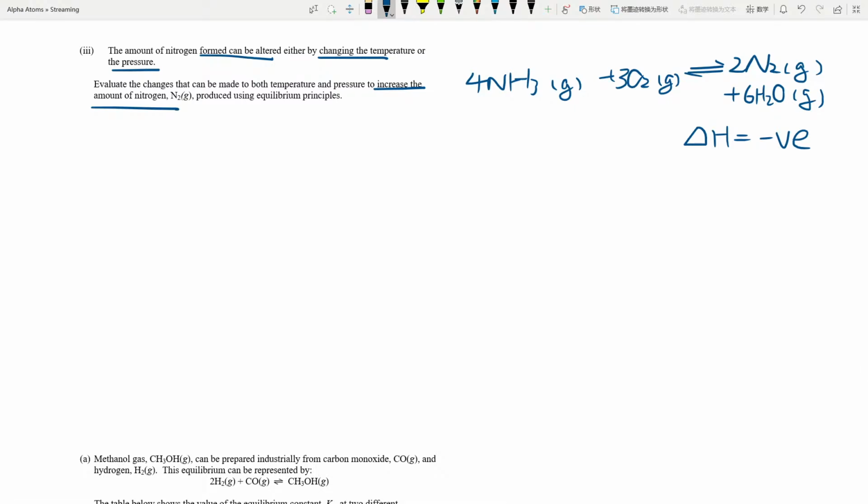All right, so let's have a look. Let's go with the easy part. Let's go with pressure. They're asking how can we make more N2? Pressure is dependent on the number of gas particles. When we want to make more N2, that means we want to make the system shift to the right.